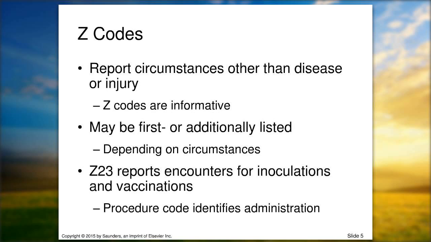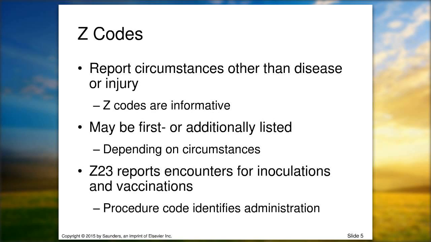Your Z codes, page 54 in your step-by-step book. I want you to put a tab for your Z codes in your ICD-10 book. The Z codes you will find start on page 1027 in your ICD-10 book.